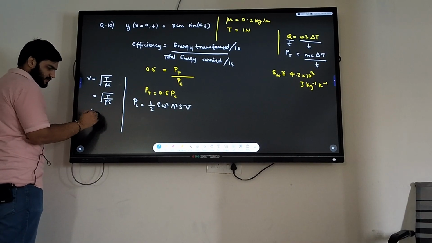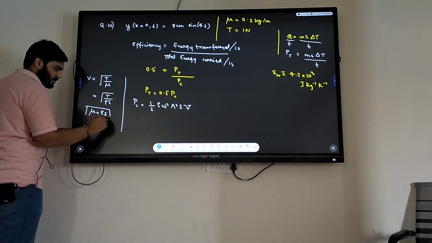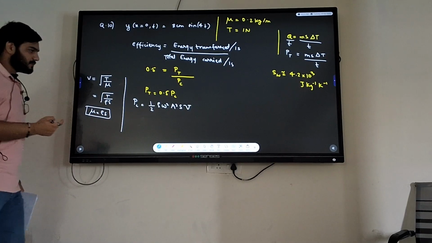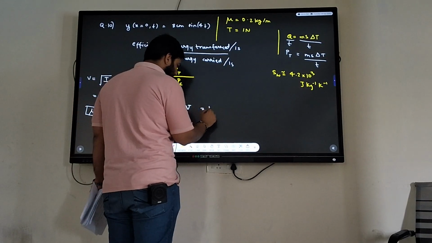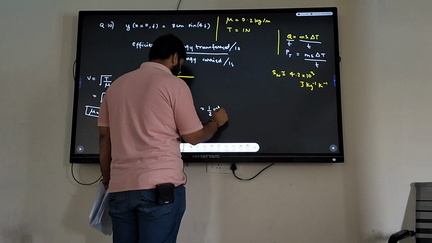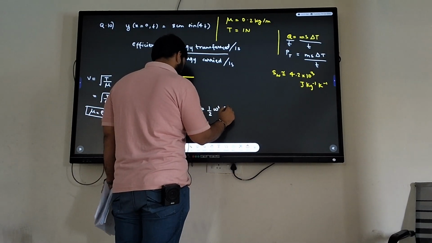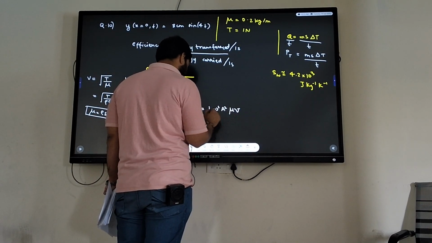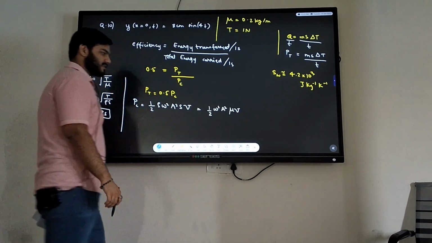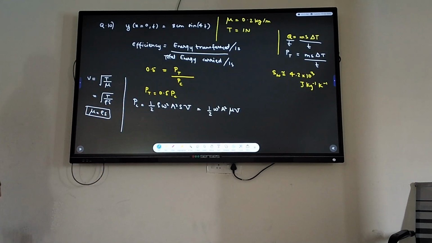That means mu is equal to rho S. Do you remember we did this question? That means I can write half omega square A square mu v. Now I can find the power carried.